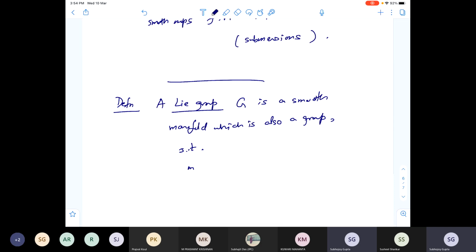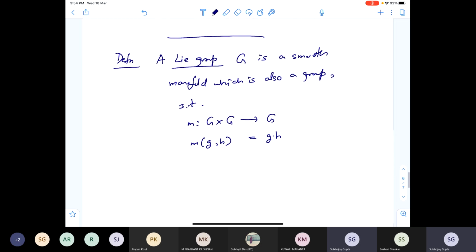It means that if you look at the multiplication map, that's the group operation, so M of (g, h) is g times h in the group, this is smooth. You want these multiplication maps to be smooth, and you also have the inversion map. Since it's a group, you can send any element to its inverse. This is also smooth.